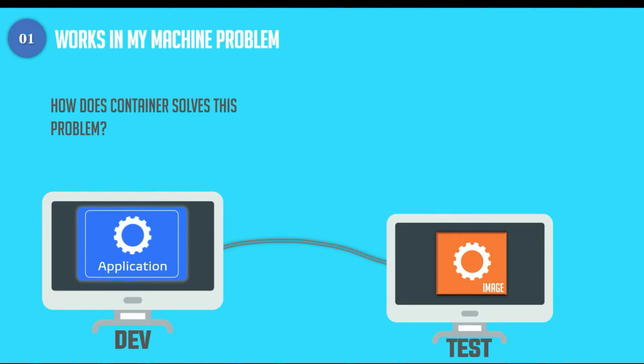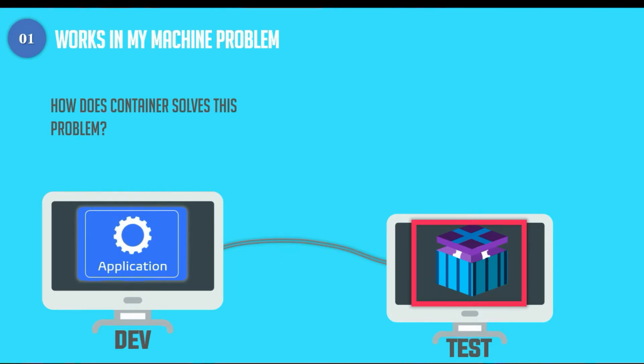That is where the container comes into the picture. In the test machine, we will spin up a container and run the application inside an isolated environment. This container consists of the entire runtime environment, including the application plus all its dependencies, libraries, other binaries, and configuration files needed to run the application.